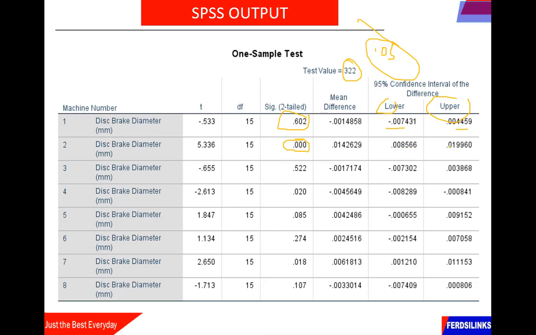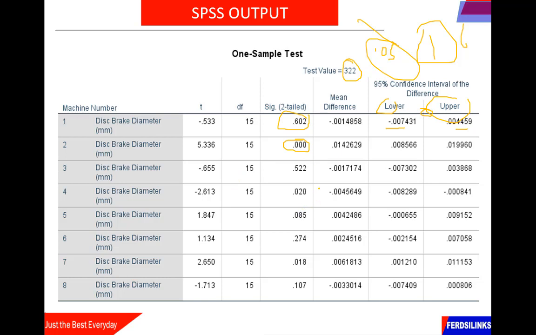Some other people explain it by saying that if your interval crosses 0, then your test is insignificant. If it doesn't, it means it is significant, that there should be no inclusion of 0. Remember, there are some other statistical analyses that will not use base 0, they will use 1 to draw their conclusion, for instance, logistic regression. I just want to indicate that.